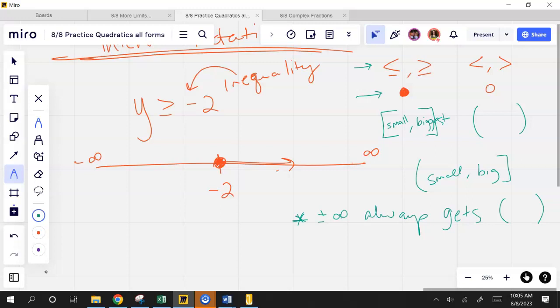You think you understand? See if you can write y is greater than or equal to -2 in interval notation then. If you think you got it, see if you can write this in interval notation.